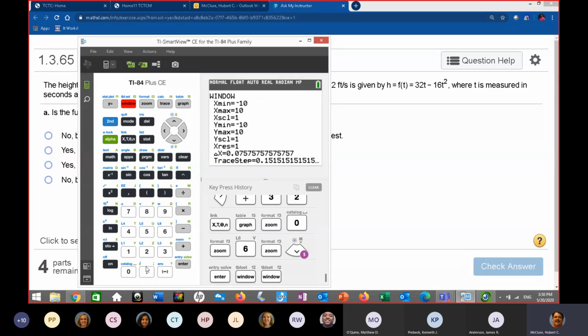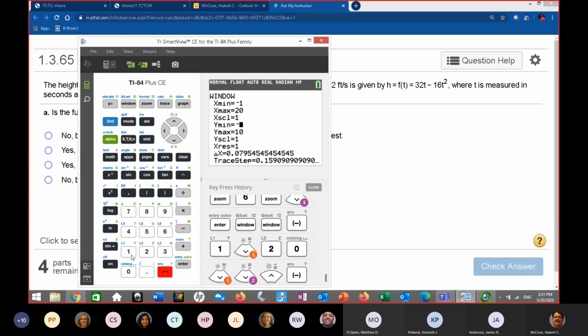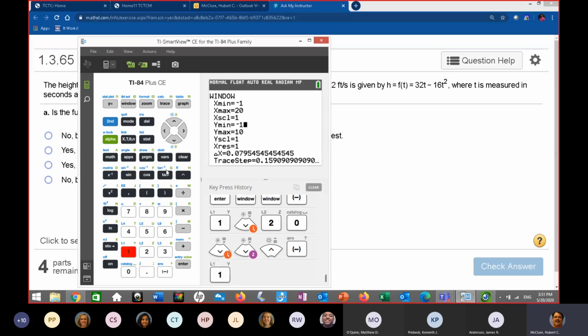So we're going to go from -1 to 20, and then from -1 to 1500. And graph.